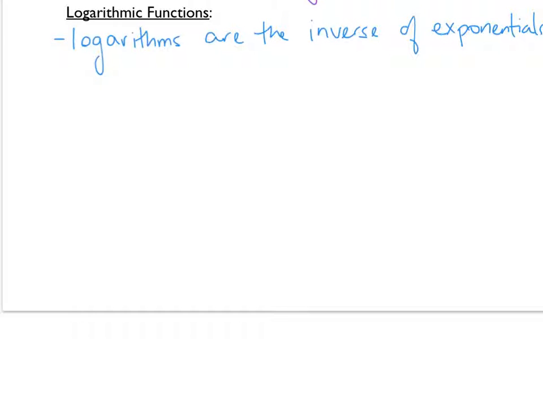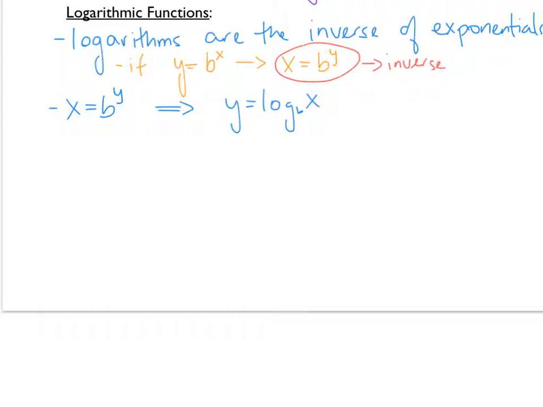So just to summarize our findings so far, logarithms are the inverse of exponentials. So if y is equal to b to the power of x, then the inverse of that will be, you're just switching the x and y, x is equal to b to the power of y. And then x is equal to b to the power of y can be rewritten as y is equal to log x with base b.